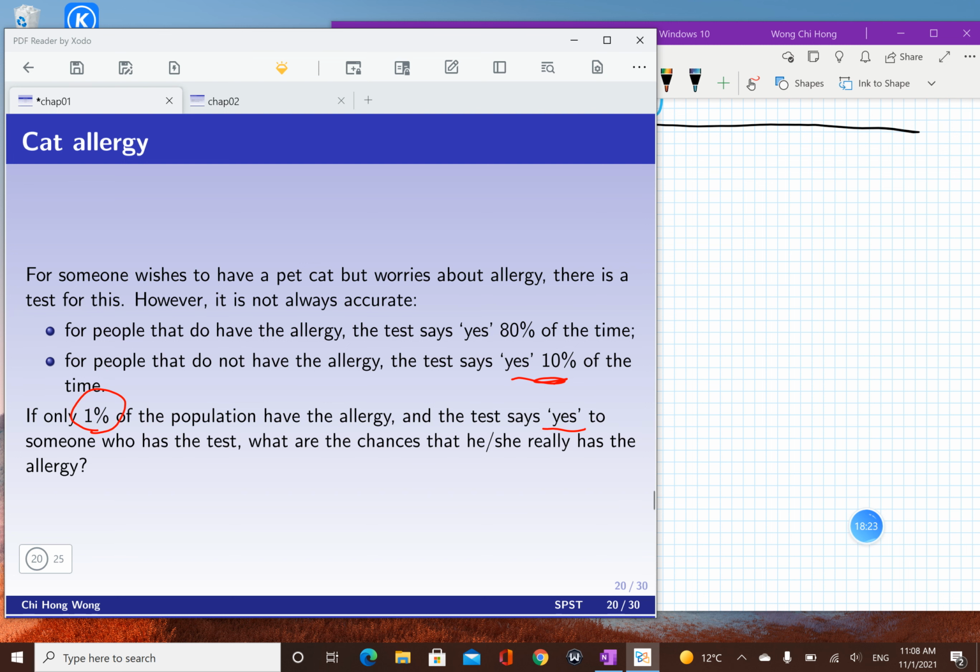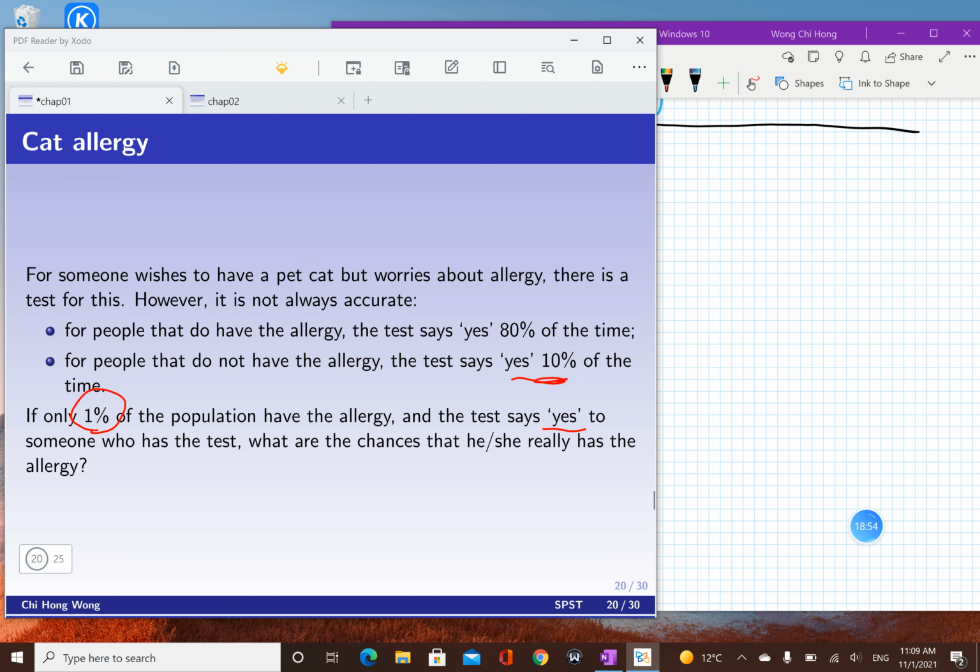You see, having the allergy or not is not quite the same as getting a positive or negative result from these medical tests. So for ordinary people like us, we only want to know if we're getting a positive or negative result. What is the actual probability that we have the allergy?